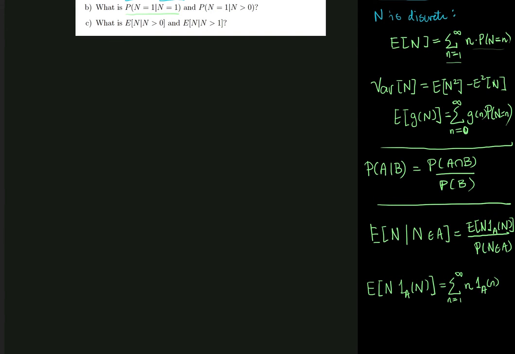If it does, then this indicator has value 1. If it doesn't, then the term cancels out because the indicator has value 0. So the mean of n multiplied by an indicator of itself belonging to a set A is given by this expression that I'm writing up here.